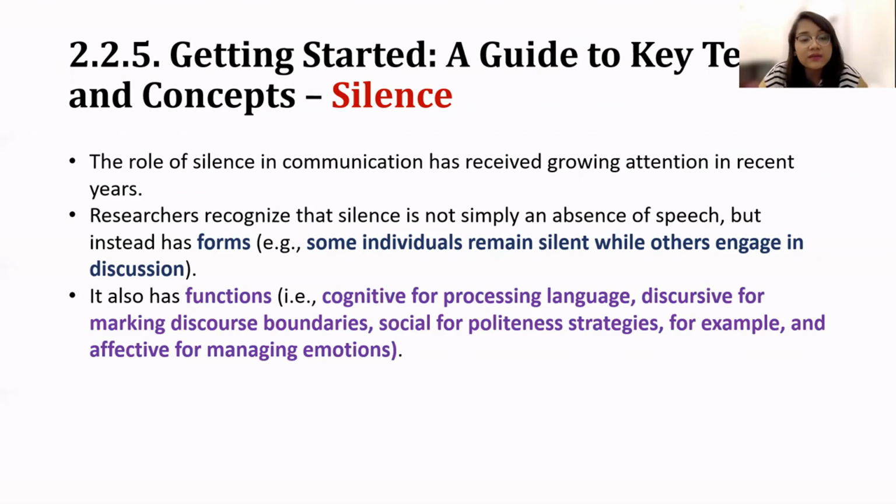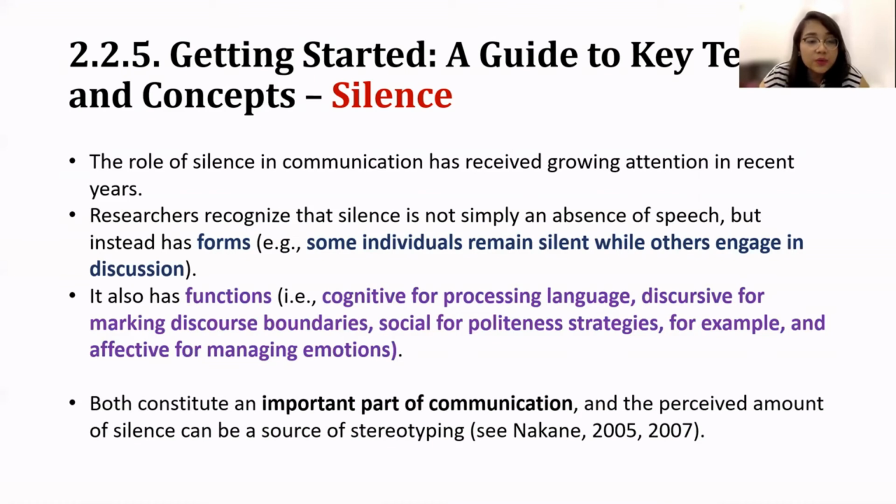For example, cognitive for processing language, discursive for marking discourse boundaries, social for politeness strategies, and affective for managing emotions. So silence is not something bad in communication. It even has a lot of functions, and the functions mentioned here are just some of them. There are still many other functions or purposes of using silence in communication.